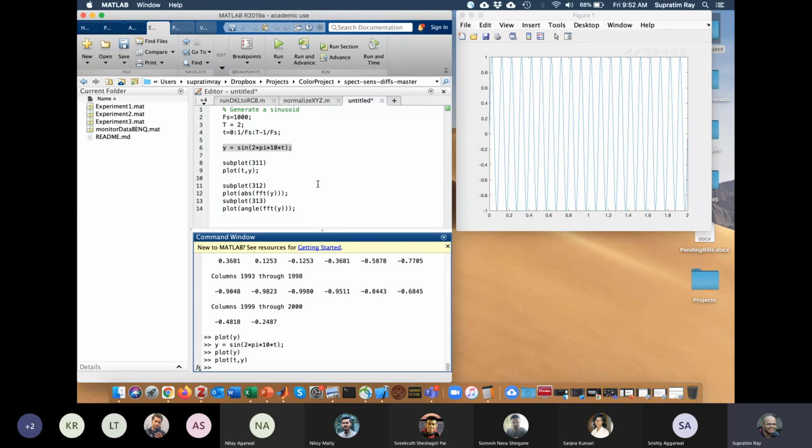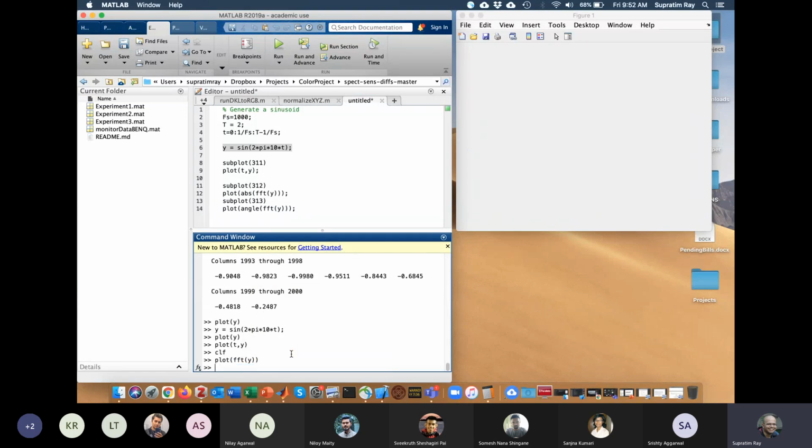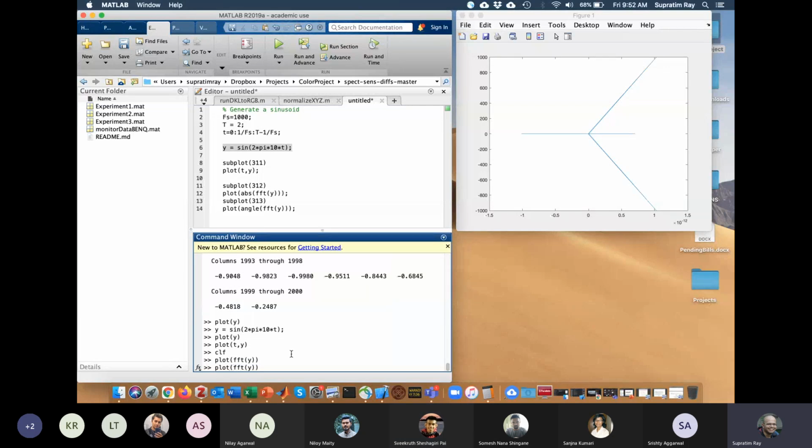It's a sinusoid. So now let me first plot the FFT of y. And you will see that this looks something very weird. Now, why is this so weird looking? You have not taken the real component, I think. That's right, because FFT is a complex number.